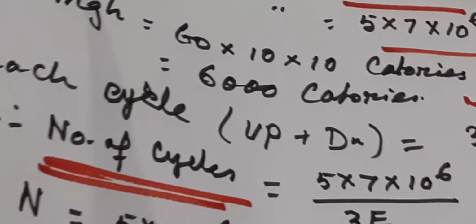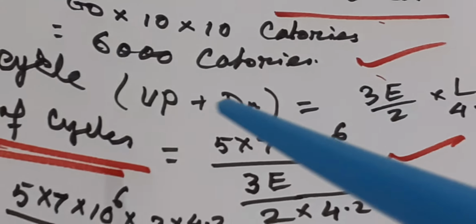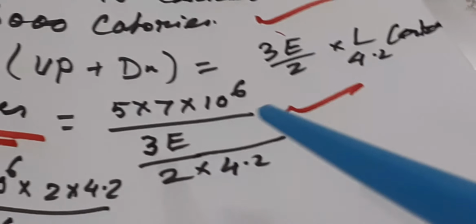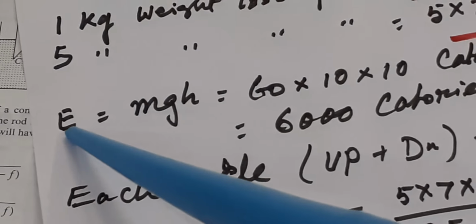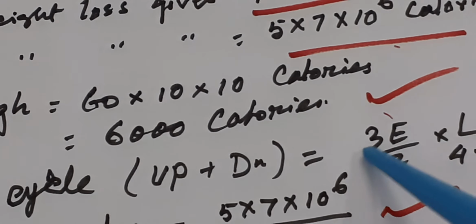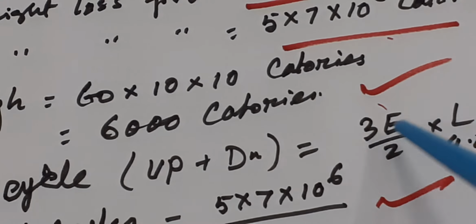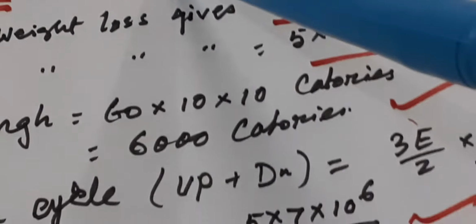Then when he comes down, another 3,000 will be lost. So for the total cycle, you can design a general equation from here. Total energy loss for each cycle is 3E by 2, as I have already shown.